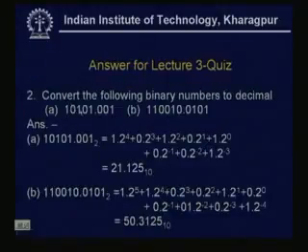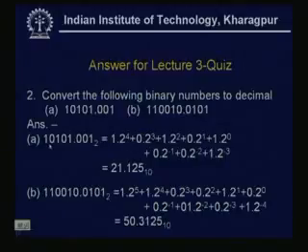The second question was to convert the following binary numbers to decimal. Here the binary radix is 2. So, using the formula we did, 10101 means 1 into 2 to the power 4, where 4 is the place value.